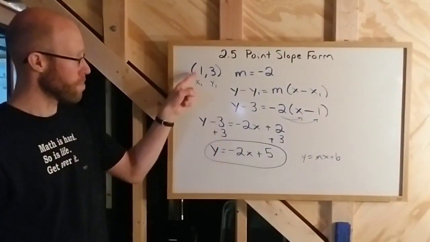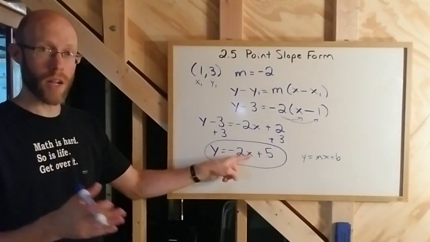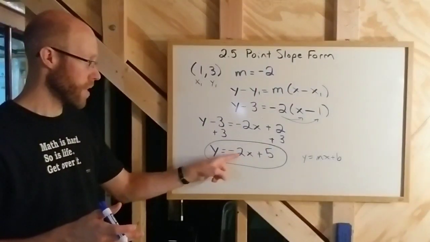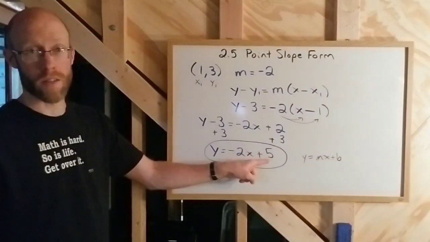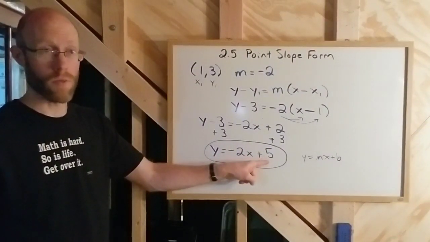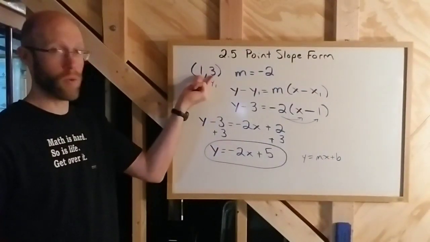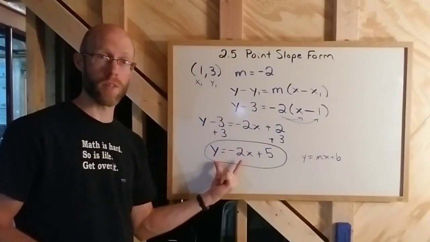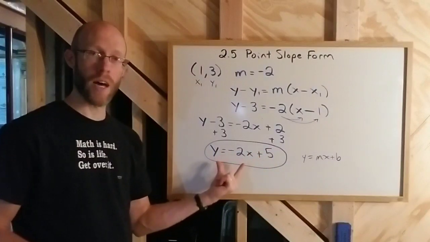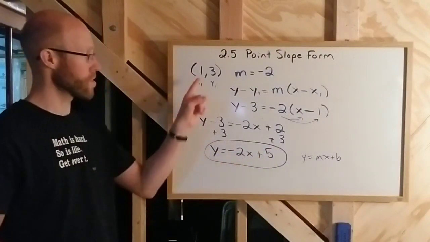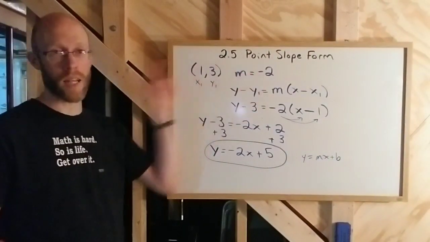I also know that if I plug in a 1 for x, remember inputs and outputs here, -2 times 1 is -2, plus 5 is +3. And so 3 is the output when you plug in 1. So that means this point 1, 3 is on the graph of this line. So I've now created the slope-intercept form of a line. Two main characteristics: it goes through the point 1, 3, meaning that point is on it, and it has a -2 slope.